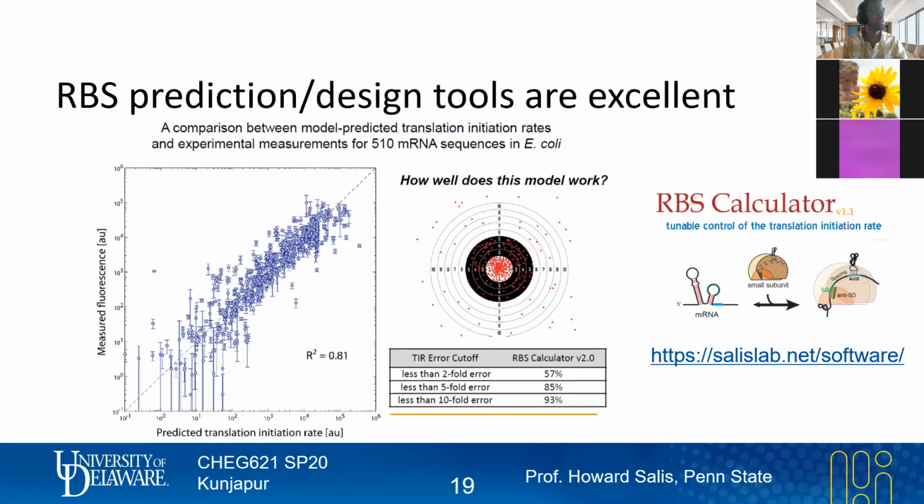And so you can really program a biophysical model to be able to know what those interactions are, to be able to map interaction strengths of particular base pairs within RNA, and then to be able to do an RNA secondary structure calculation. And so that's a very oversimplified description of what the RBS calculator developed by Howard Salis when he was a postdoc in Chris Voigt's lab is able to perform.